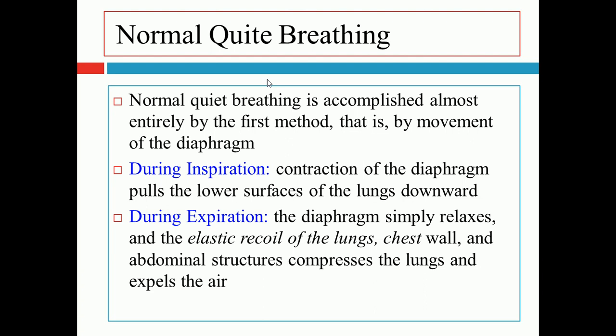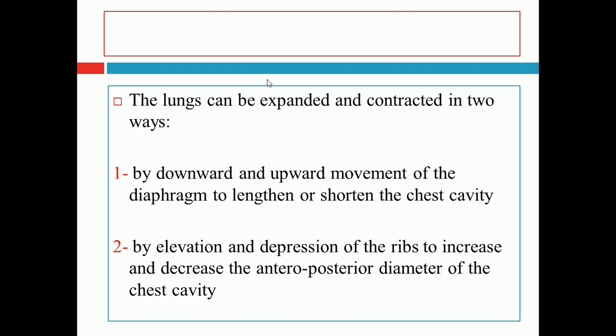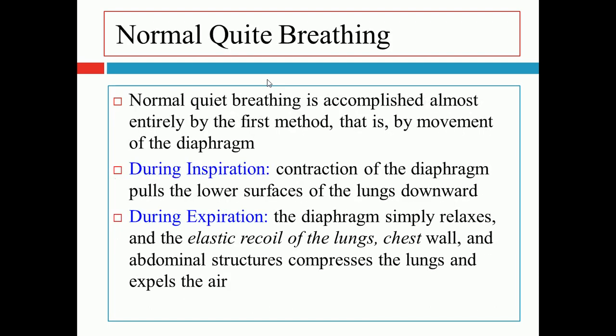So what happens during normal quiet breathing? It is accomplished almost entirely by the first method, that is by movement of the diaphragm. During inspiration, contraction of the diaphragm pulls the lower surfaces of the lungs downward, while during expiration the diaphragm simply relaxes and the elastic recoil of the lung, chest wall and abdominal structures compresses the lungs and expels air.